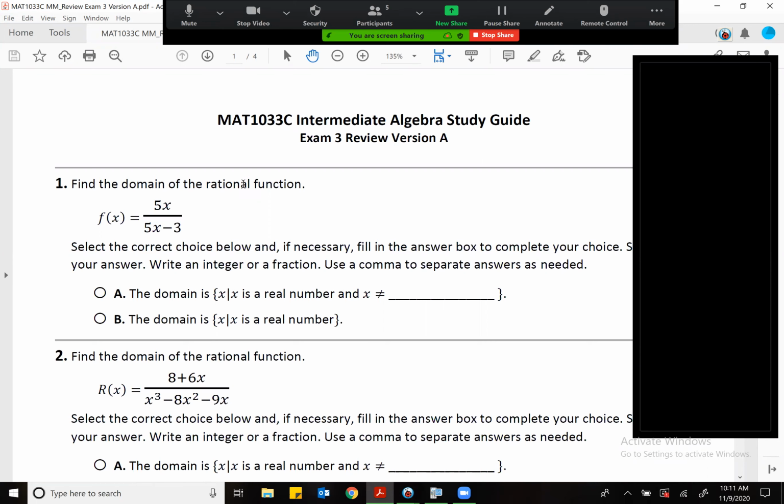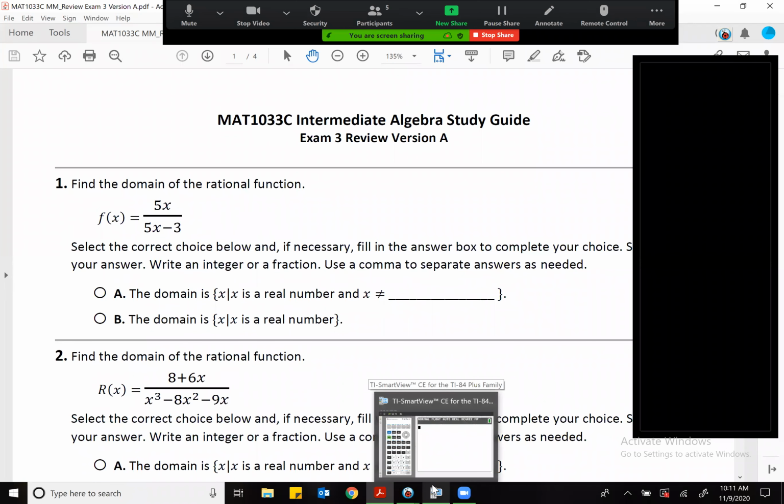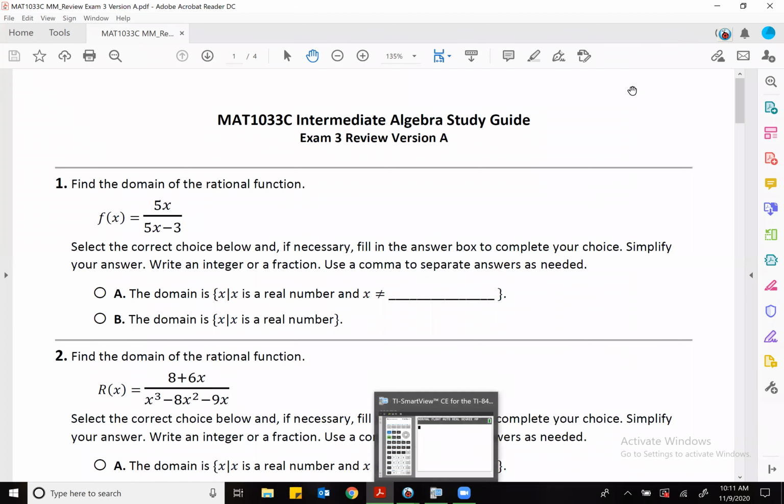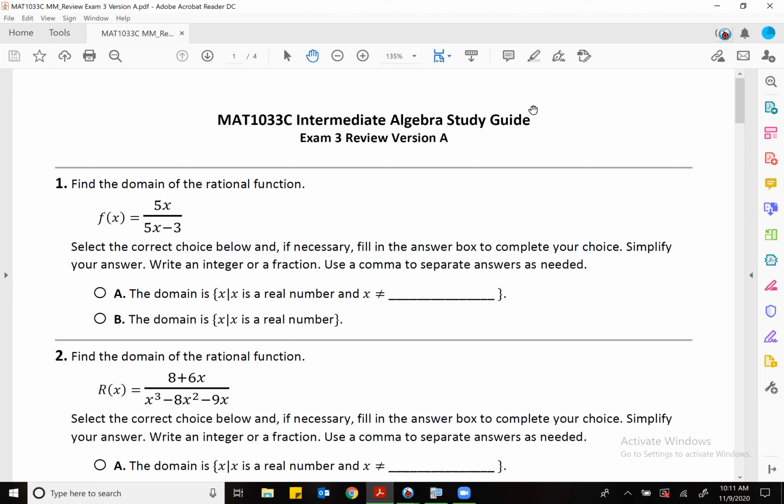How do we find the domain of rational functions?